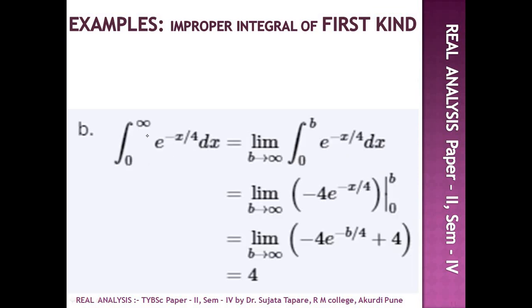Next one, the integral from 0 to infinity of e^(-x/4) dx. Here the upper limit is infinite, so replace it by b, take the limit as b tends to infinity, find the integral, put in the limits, and we get the answer as 4, which is finite. So this given integral is convergent.